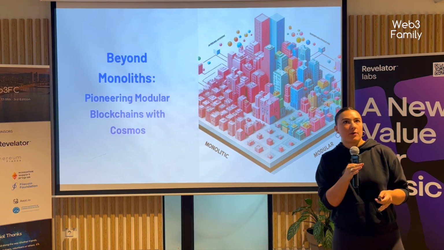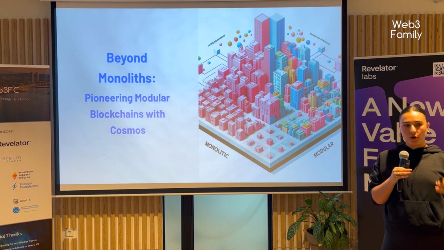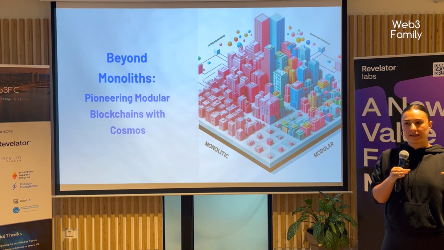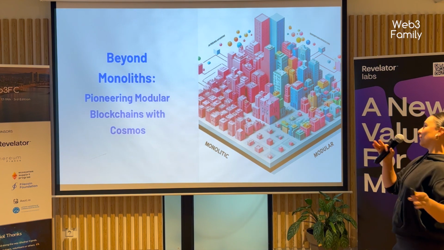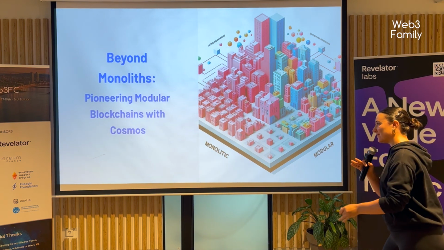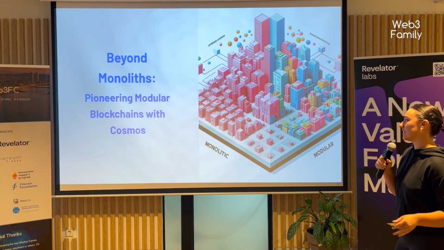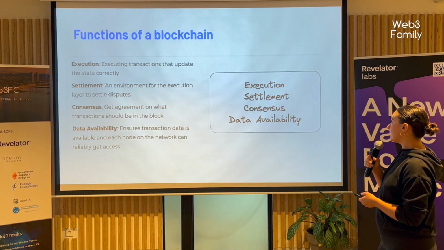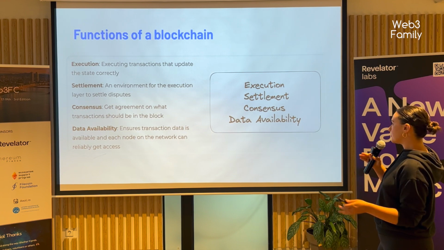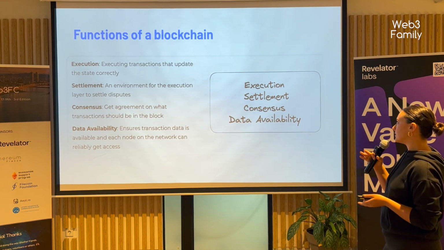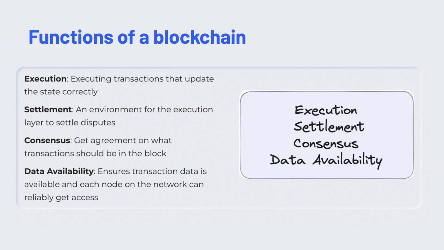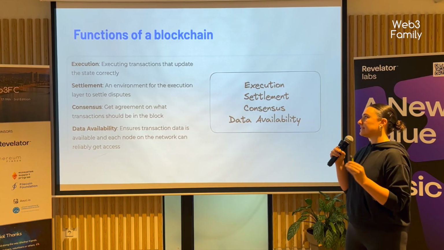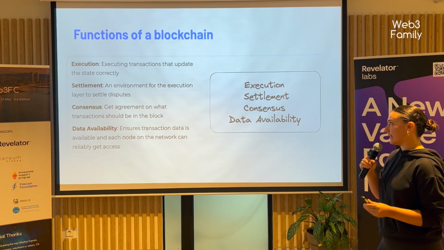But what we should do is go back a bit and talk about the functions of a blockchain. This is Beyond Monoliths, pioneering modular blockchains with Cosmos. So we've got everything coupled together: execution, settlement, consensus, data availability. Execution is the action in which the state is updated correctly.